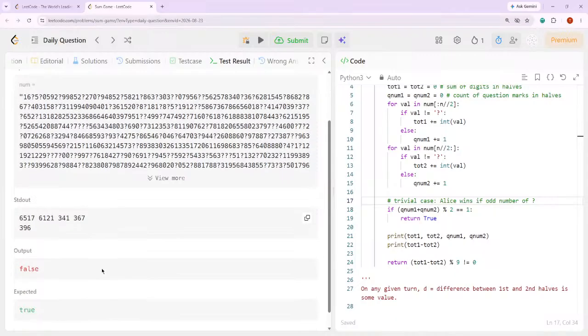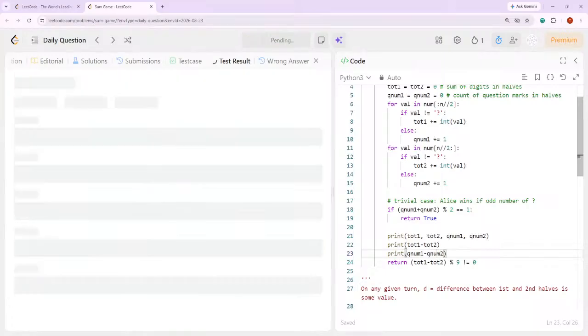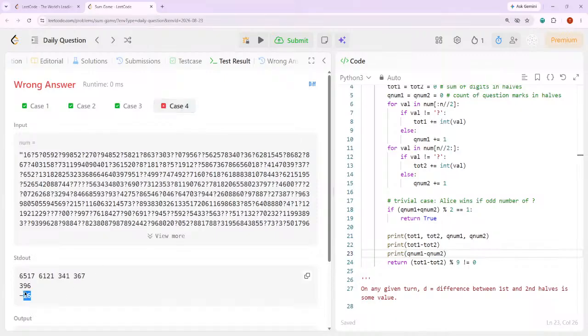So I said this is false, but it's true that Alice can win. 3 4 1 3 6 7. Oh, how many is that? 26.